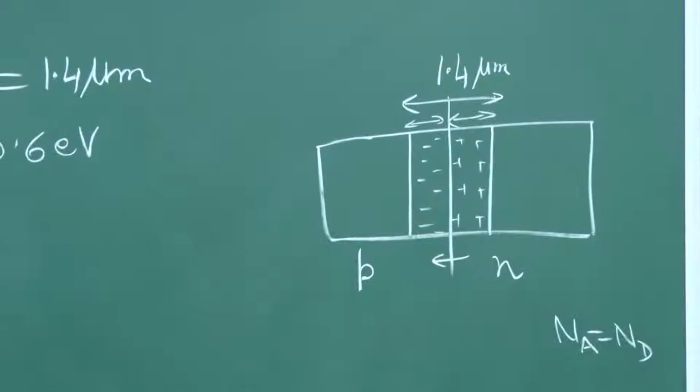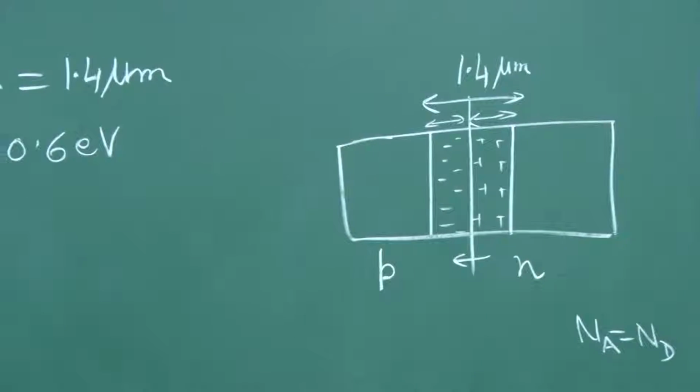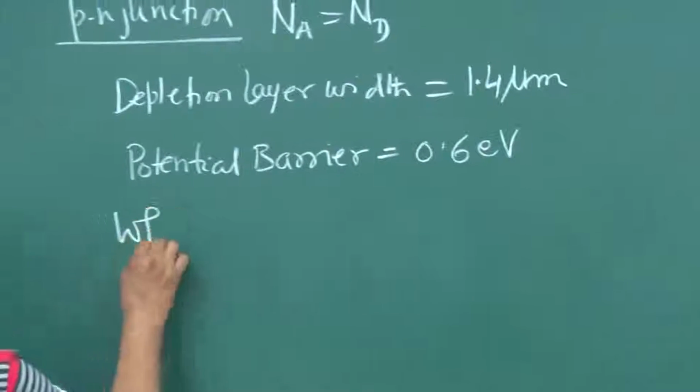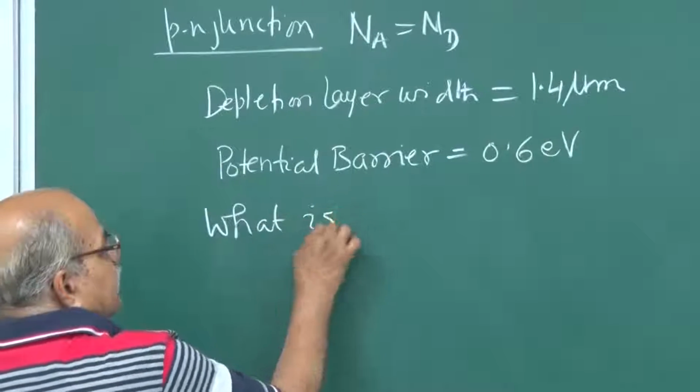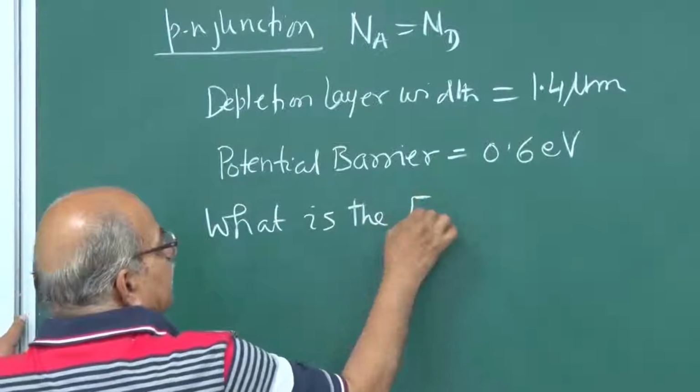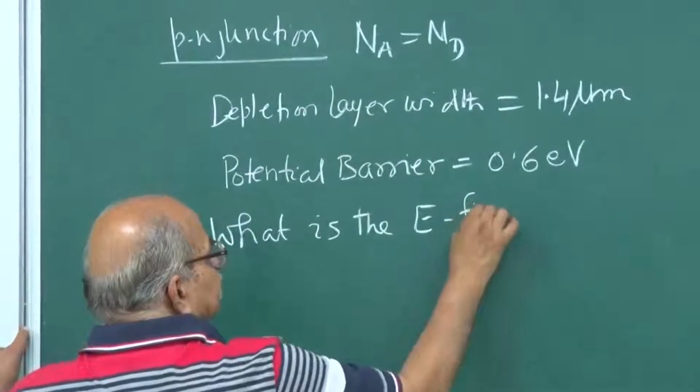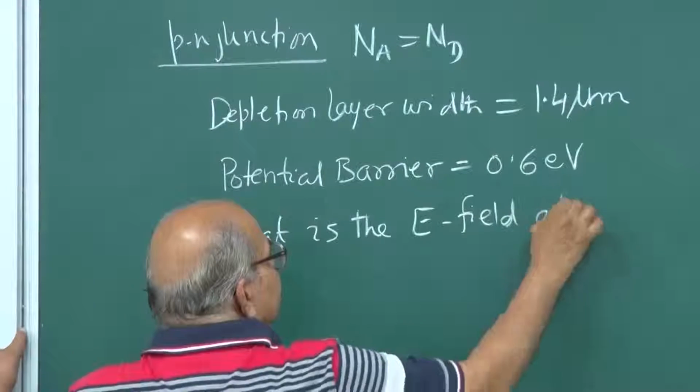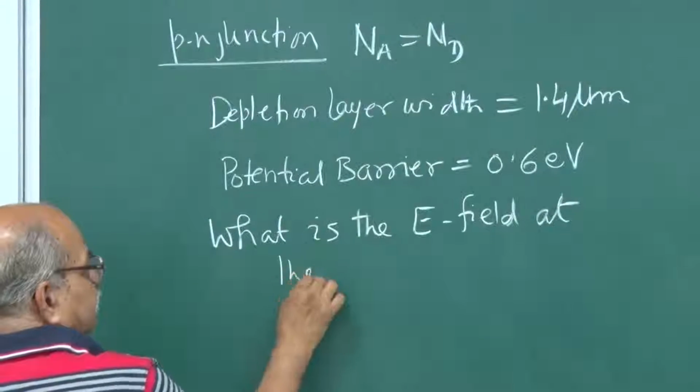And the question is, what is the electric field at x equal to 0, at the junction?